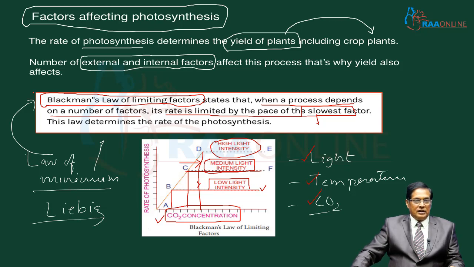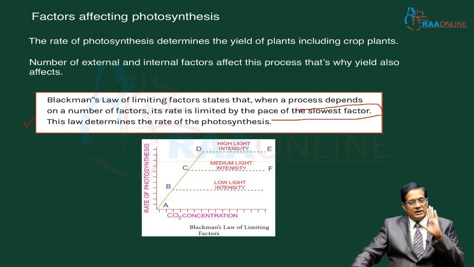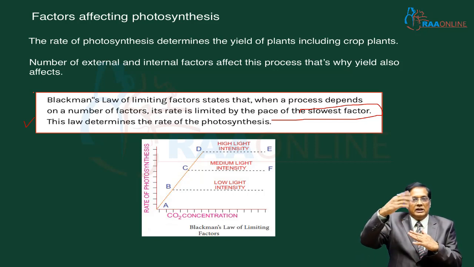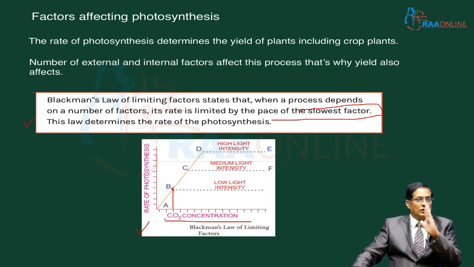So the law says the factor which is in minimum, that is the slowest factor, influences the rate, and the rate can be increased by supplying that factor. This chart indicates carbon dioxide concentration: if low intensity is there, then this much carbon dioxide is needed. Beyond this limit, carbon dioxide will not be a limiting factor.